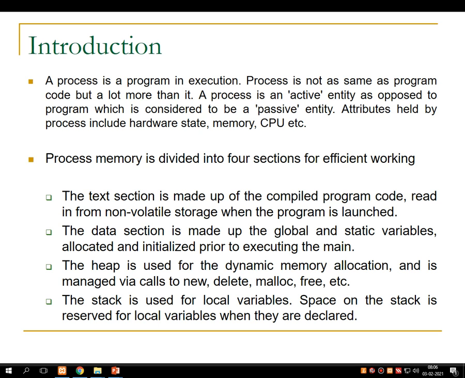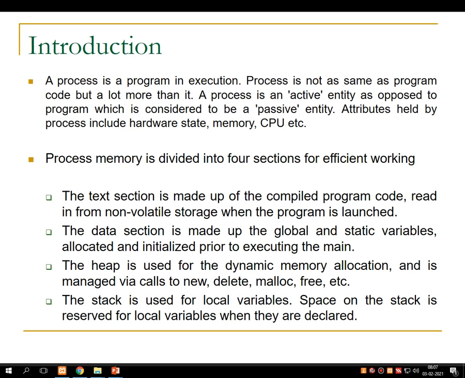In our previous session we defined the process, and then we conveyed that a process is internally divided into 4 sections: the text section, the data section, a section called the heap section, and the stack.